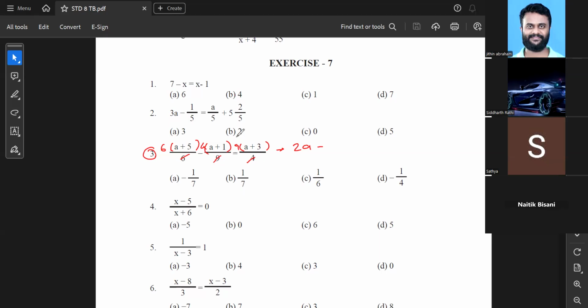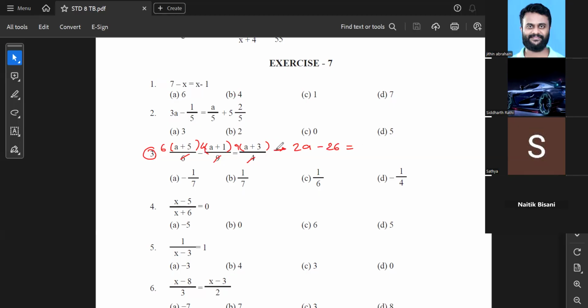So I multiplied by 36 and then I cancelled it with 6 and hence I'm left with 6 over here. How did you get 2a? 6 into a minus 4 into a is 2 into a. Understood? Okay, yes. Here, 6 into 5, it's 30. Minus 4 into 1, it's 4. 30 minus 4 gives you 26.